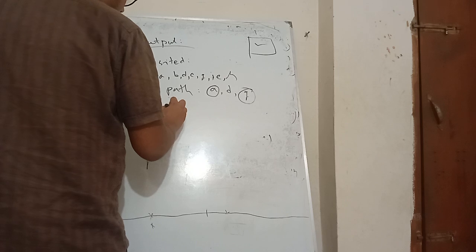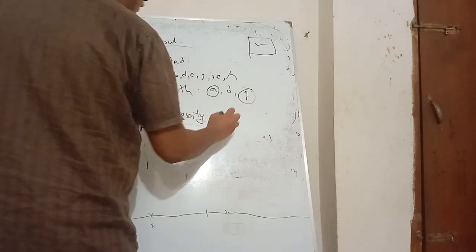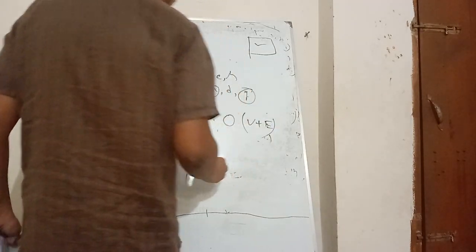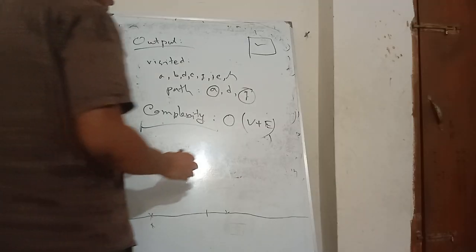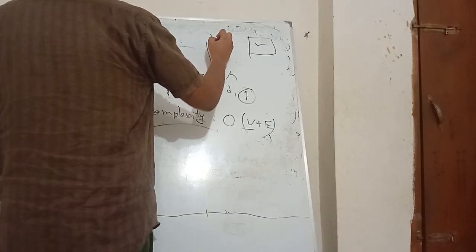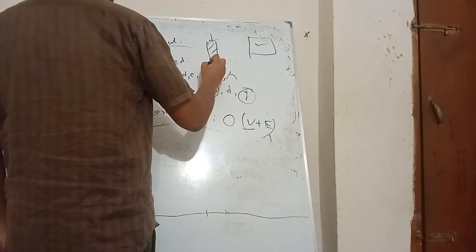Complexity: Big O of V plus E. Because this is a breadth-first search, we visit all the vertices.